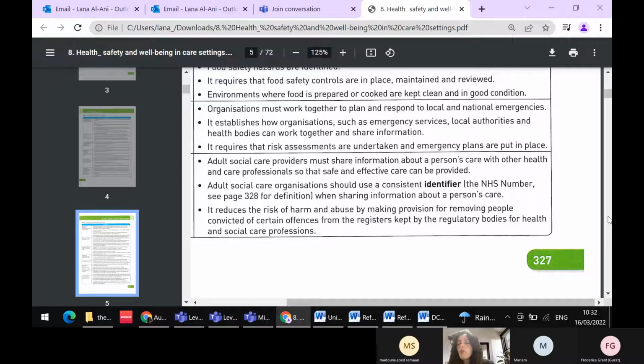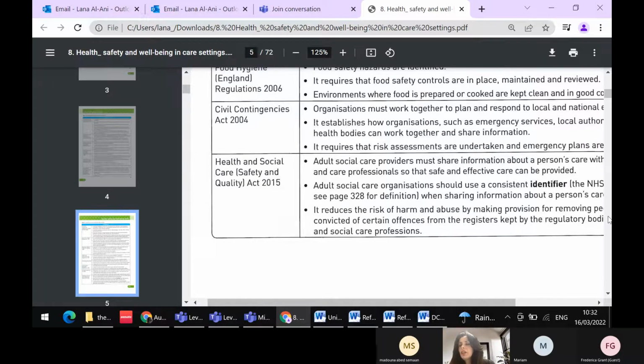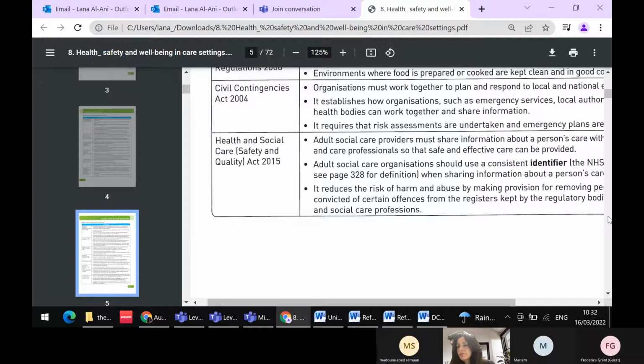They should establish what the emergency procedure is, how they work on it. Is there any risk assessment involved? So all this, the organization should always monitor the risk assessment. Is there any risk involved? Then they should work on it.